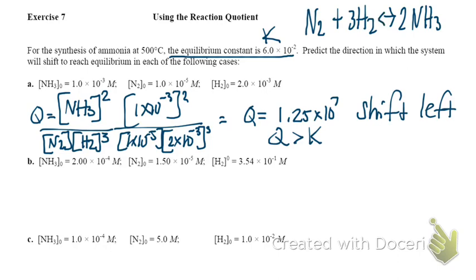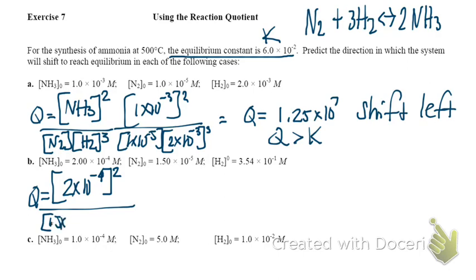Okay? And then for the next set, same thing. Now plug all those things in. So we have 2 times 10 to the negative 4th, and that's raised to the second power divided by 1.5. That looks like a 6.